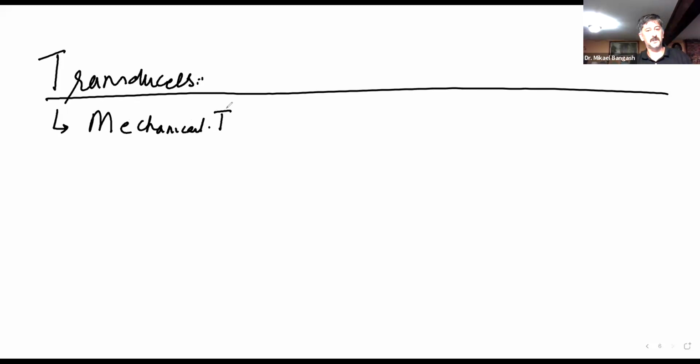And what you will mainly see is focus and the other thing is beam steering. As far as your mechanical transducer is concerned, the beam focus is going to be fixed, and the beam steering is going to be mechanical.